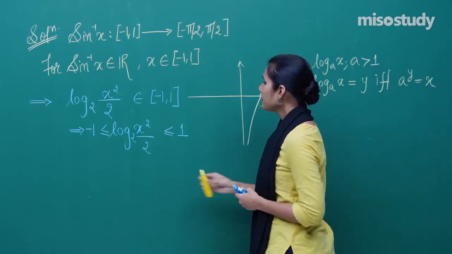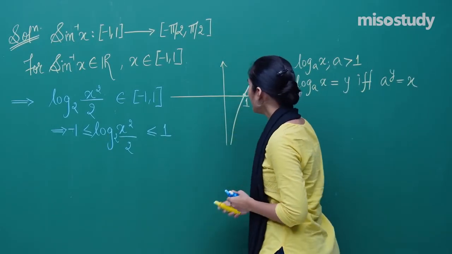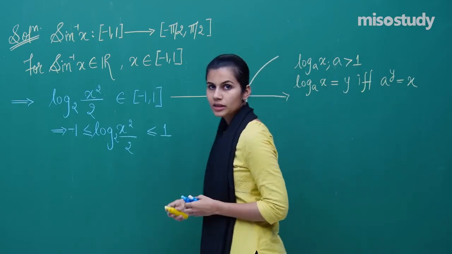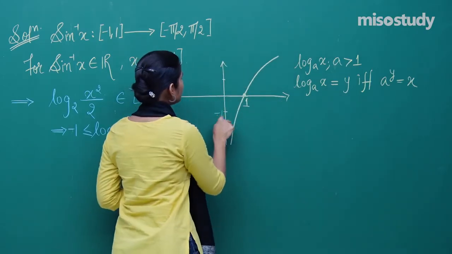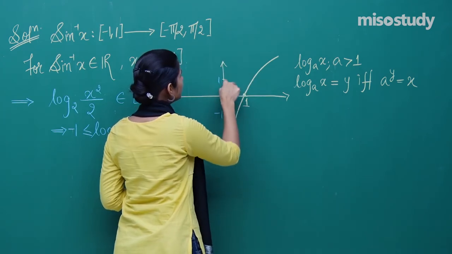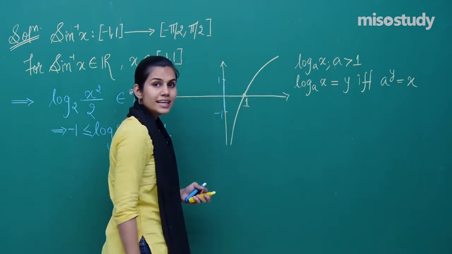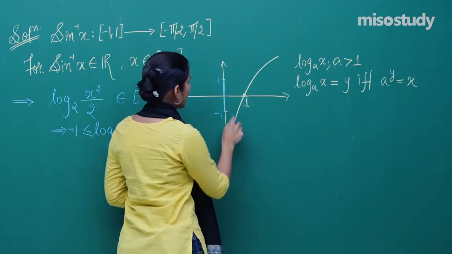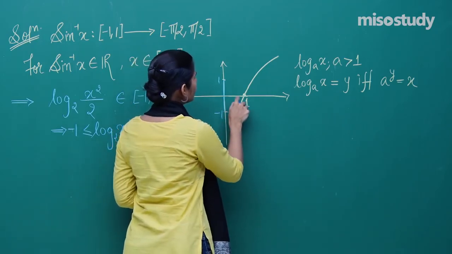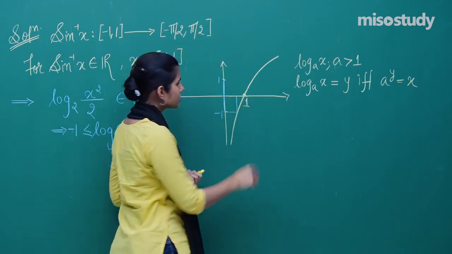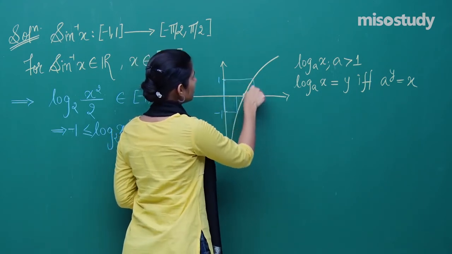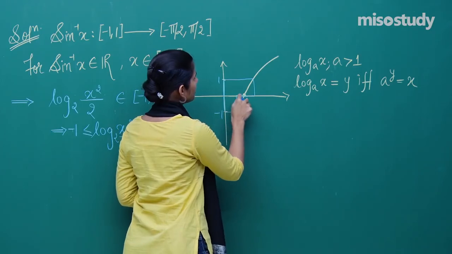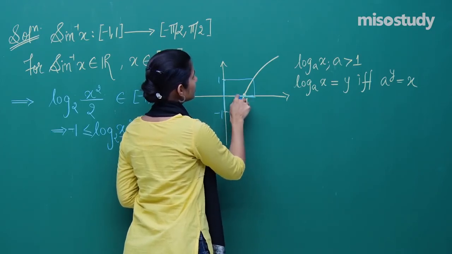So if I am saying that my log is between minus 1 and 1, the domain points are from here to here.